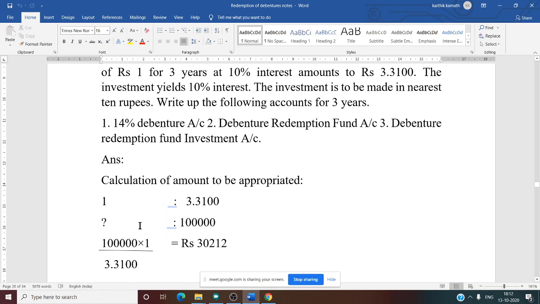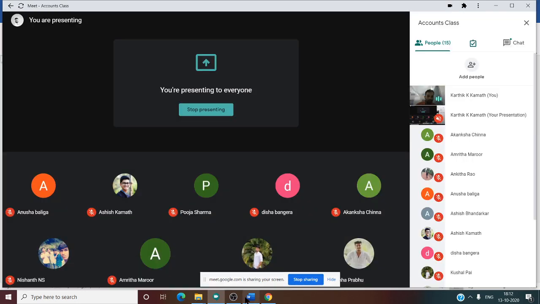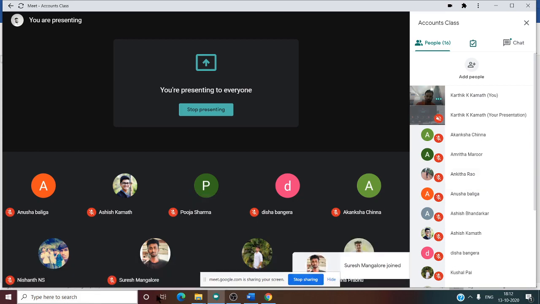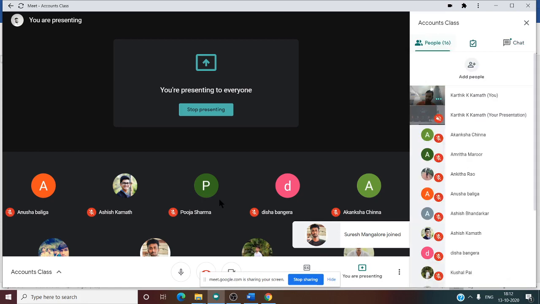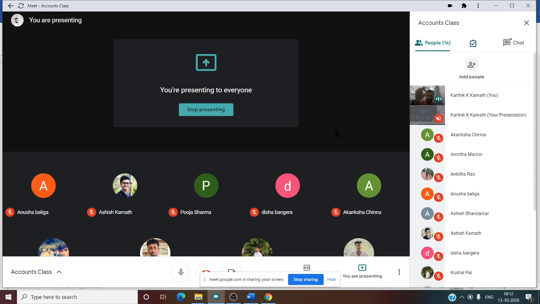See, if you write it here, what happens? Once you multiply 1 lakh into 3.31, what is the answer you will get? Somewhere around 3 lakh 31,000.